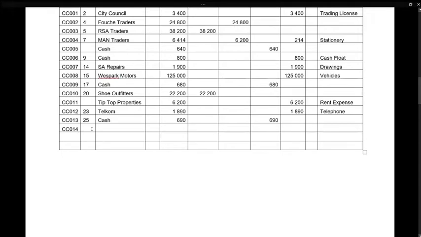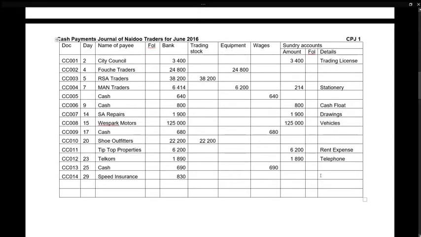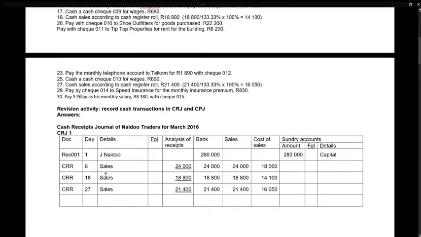This took place on the 29th, and we paid this money to Speed Insurance, an amount of 830 Rand. 830 Rand for insurance, so it will go to sundry accounts. They did not provide a column for it. Insurance.